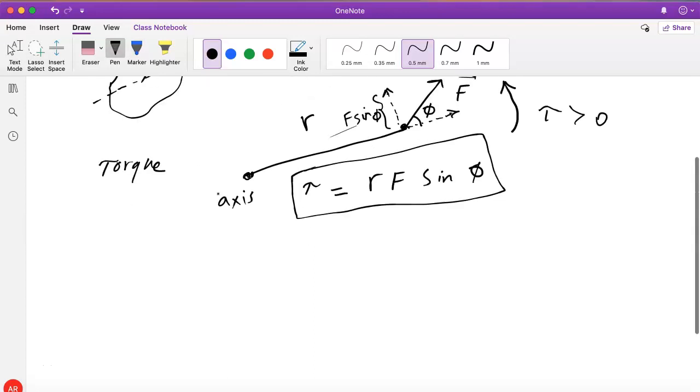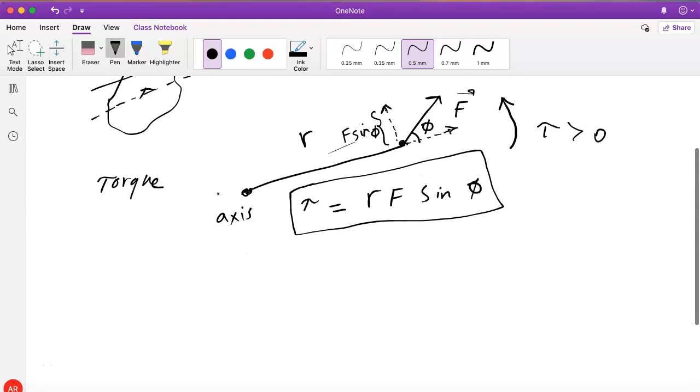So now if you have, let's say, a force acting in a different direction, so let's say that's your axis again, this is r, you have a force kind of going here. So now let's say this angle is phi.